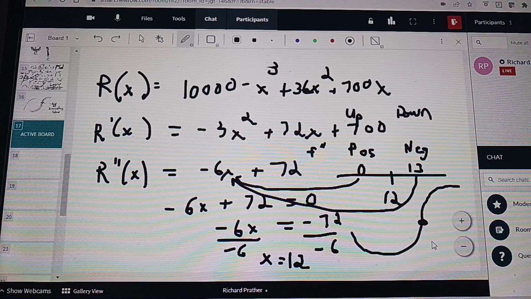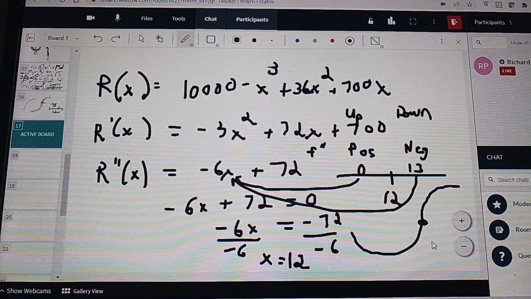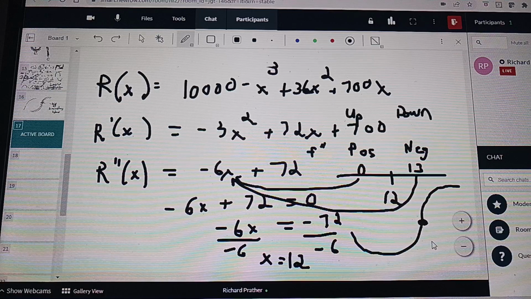That is an inflection point because it was concave up first and then concave down second around a 0 of the second derivative. So when you have zeros of the first derivative, they're called critical points, critical numbers. They are chances to have local maxes and mins. When you have zeros from the second derivative, they're chances to have points of inflection, but they don't have a name like critical number.